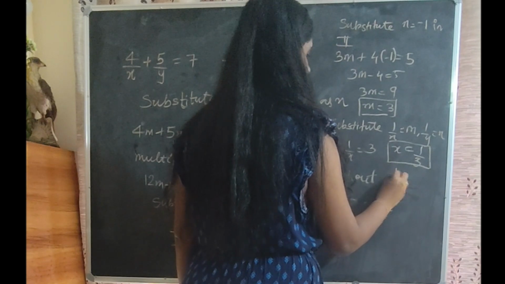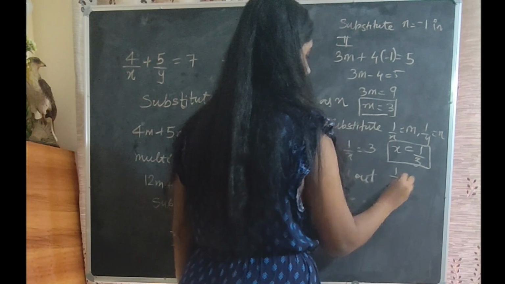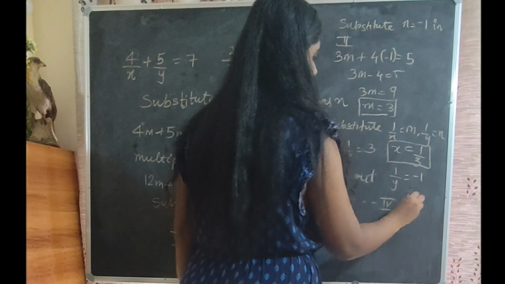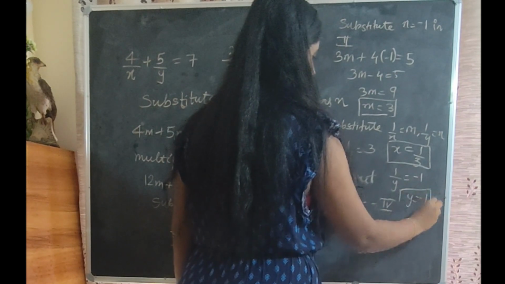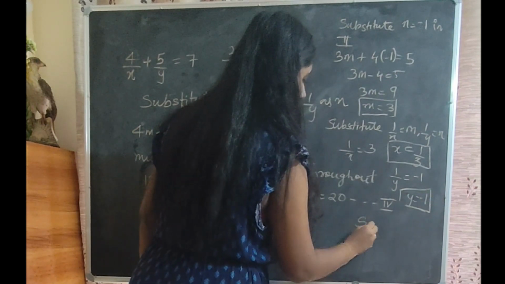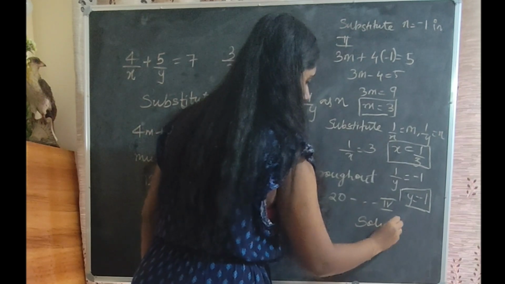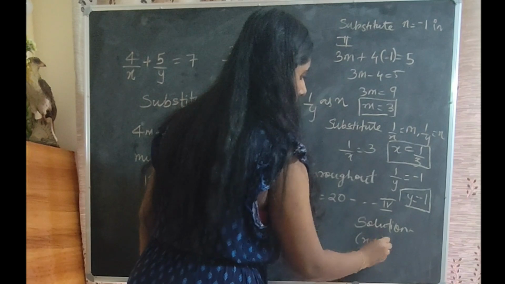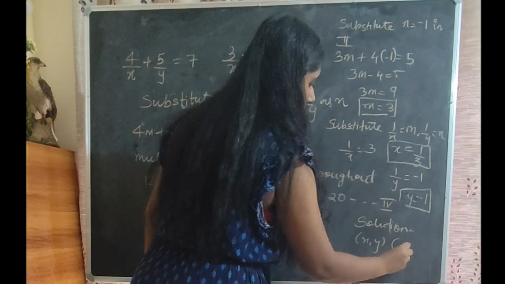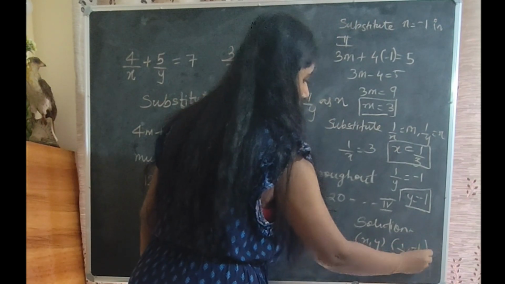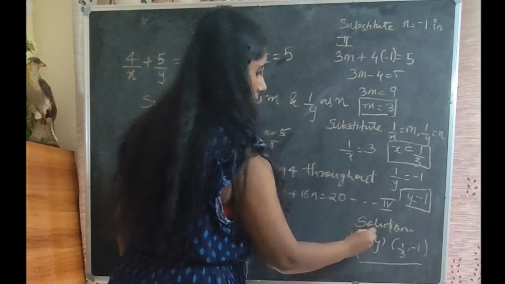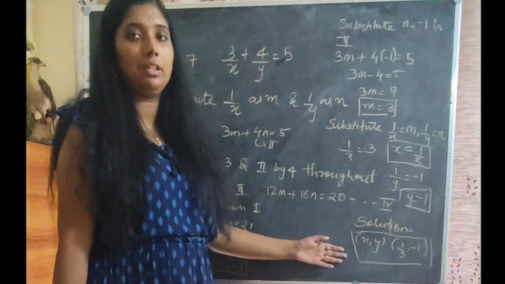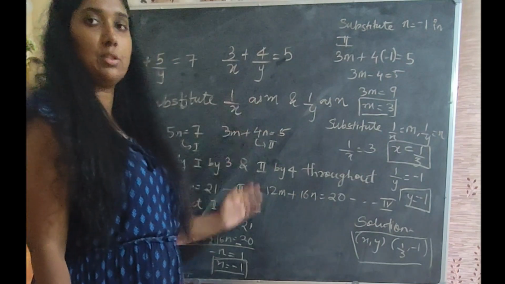Then 1 by y is equal to n, which is minus 1, so y is equal to minus 1. So the solution is given by x, y is 1 by 3 comma minus 1. This is the solution of the given equations. Please note this down.